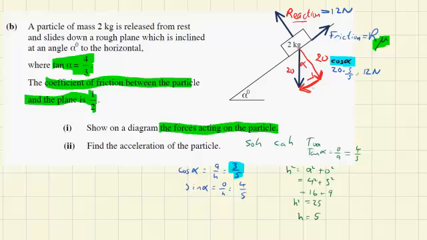Now this part of the force that acts in this way, well, this is the opposite side to this angle. There's a way to show this angle is the same as this angle, by the way, but I won't do it in this one. So this side here is the opposite, so we know that the sine of the angle is opposite over the hypotenuse, or this side here, the opposite side, is equal to the hypotenuse times the sine of the angle.